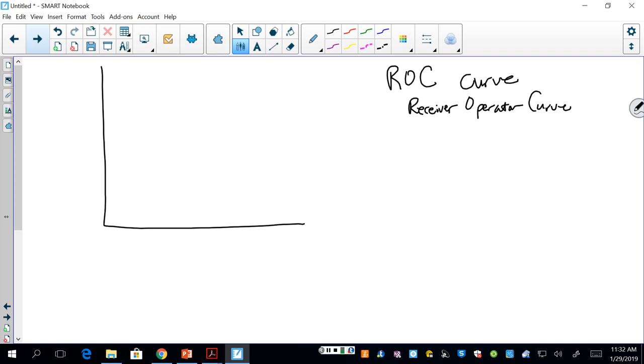And so what this curve does is 1 minus specificity is put down here, and the sensitivity is put up here. These are probabilities, conditional probabilities. And the place you really want to be is right up here. You want specificity nearly 1 and sensitivity nearly 1. Here's 1 and 1, and 0, 0.